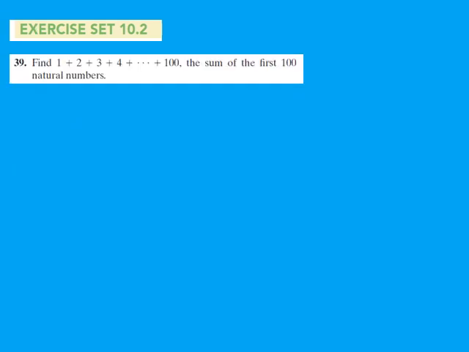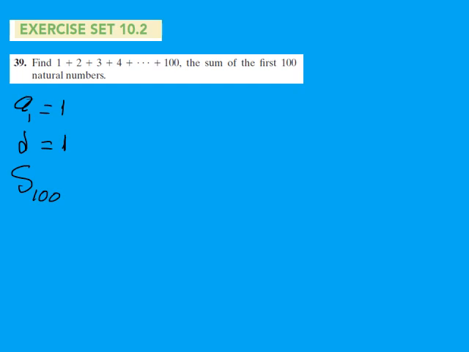Find the sum from 1 to 100 for the first 100 consecutive terms. So a1 is equal to 1, and as we can see clearly, the first 100 consecutive terms form an arithmetic sequence. So the common difference, the number that you are adding every time, is 1. So I want to find the sum of the first 100 terms.